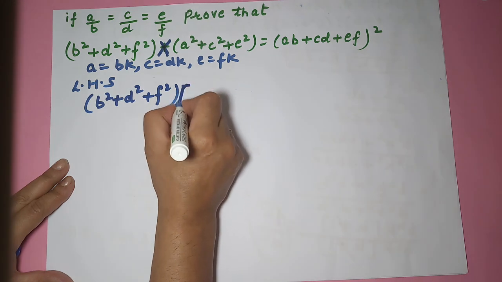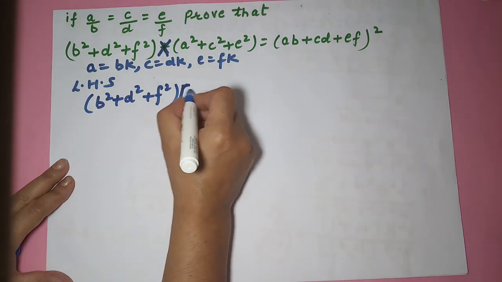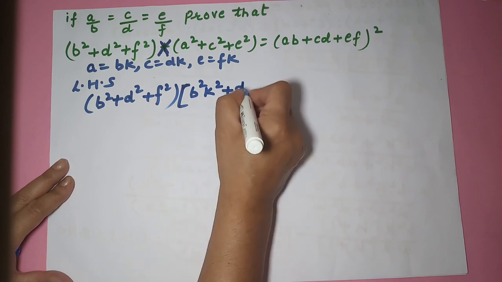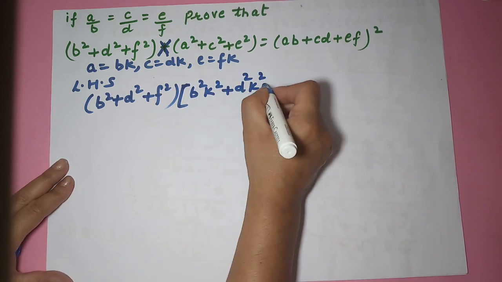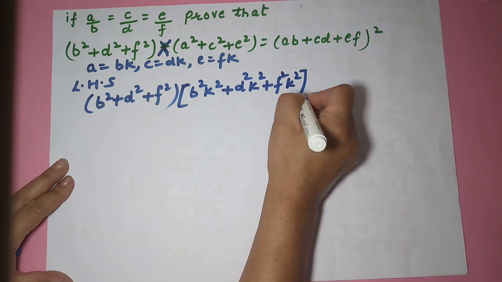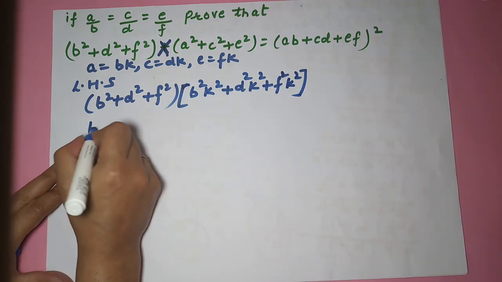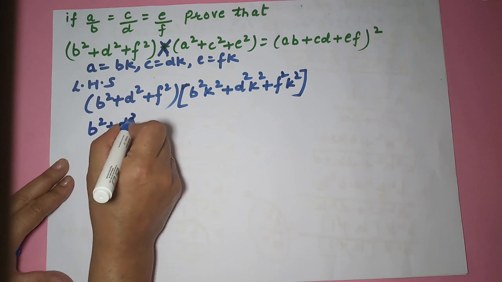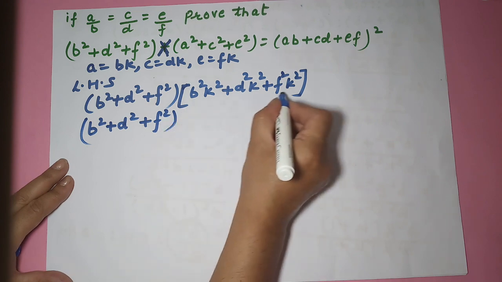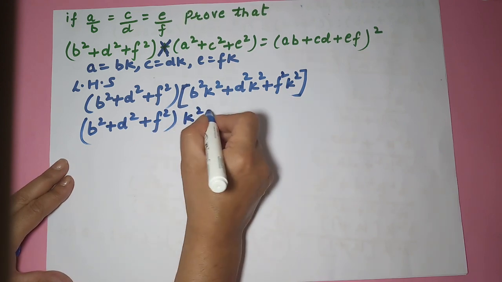Now here I can convert a square into b square k square, c square into d square k square, and e square into f square k square. Right? So here I have b square plus d square plus f square. Here I can take k square common. So what will I get?